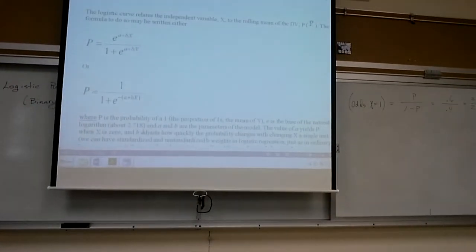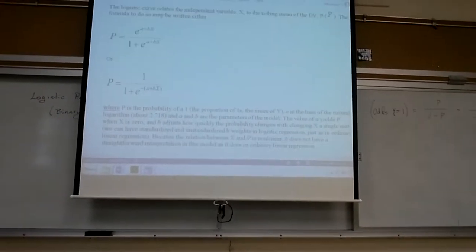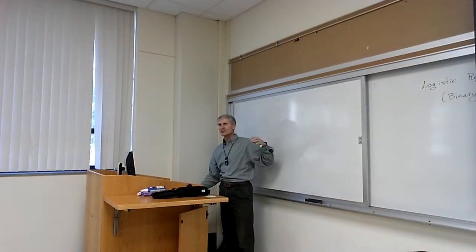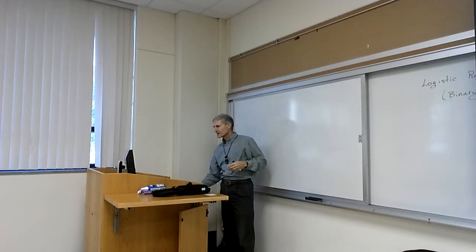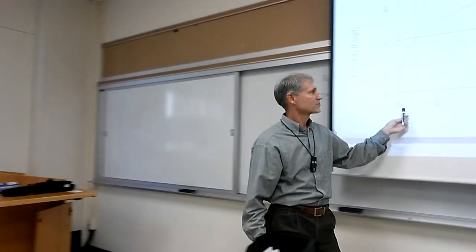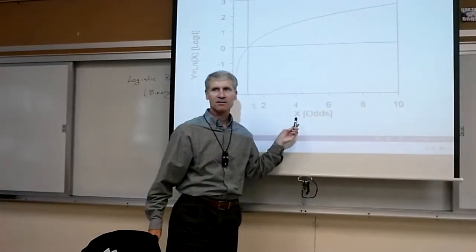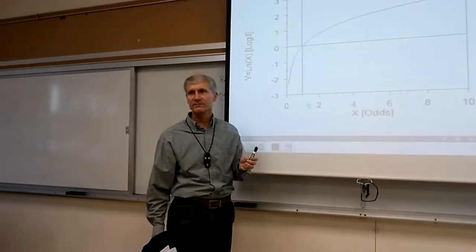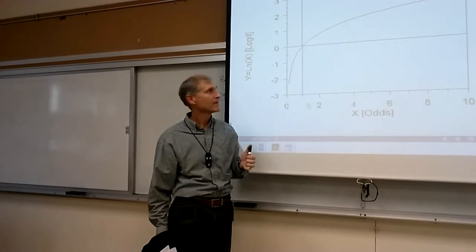The problem is that it's a very curved relationship. So fitting a linear regression to that doesn't work very well either. So what we do is we take the log of the odds. If this represents odds, and this is log of odds, that's just your normal log function, right?